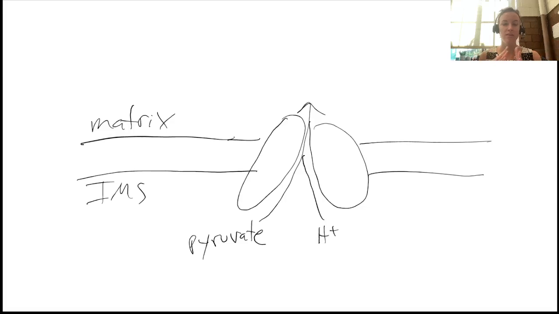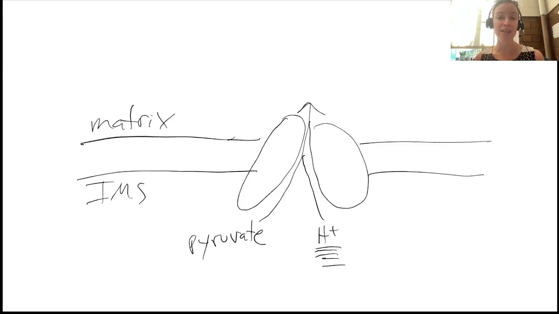This symport of pyruvate and a proton into the mitochondrial matrix facilitates the citric acid cycle, because we're getting the product of glycolysis, which is pyruvate, into the matrix to enter the TCA cycle. It is powered by a proton falling down its concentration gradient.